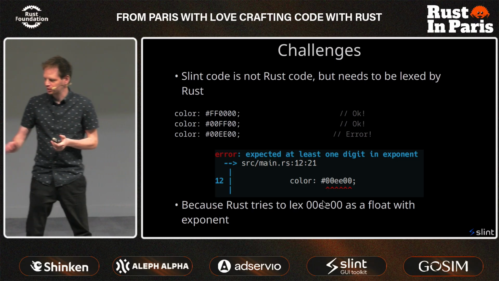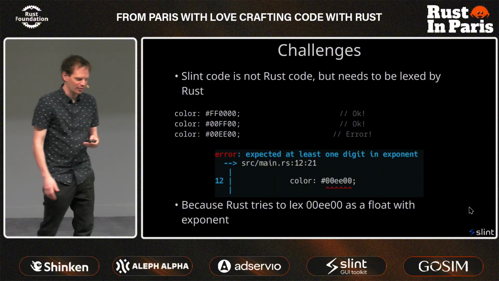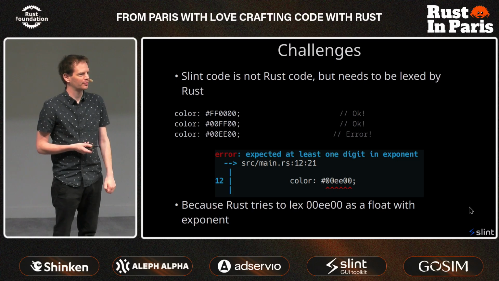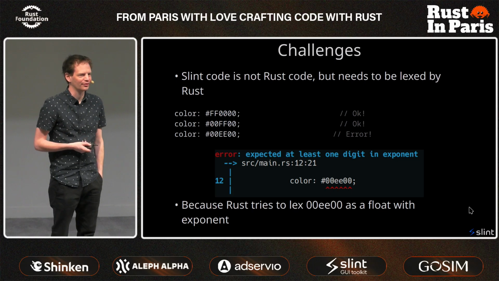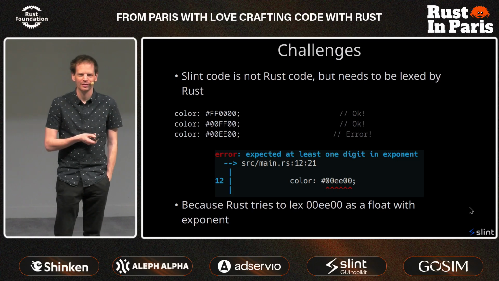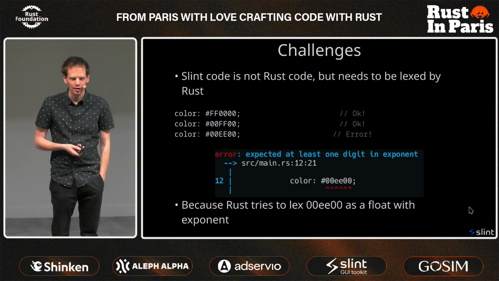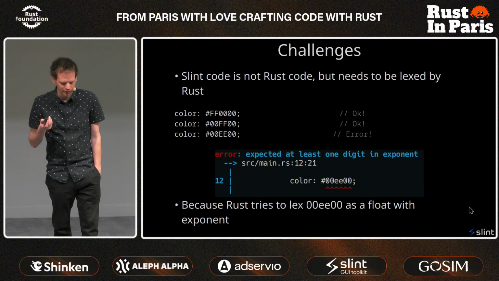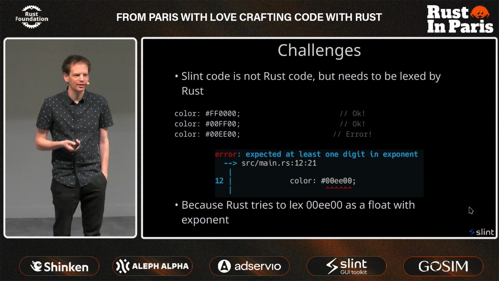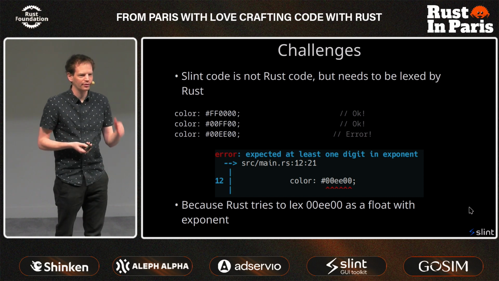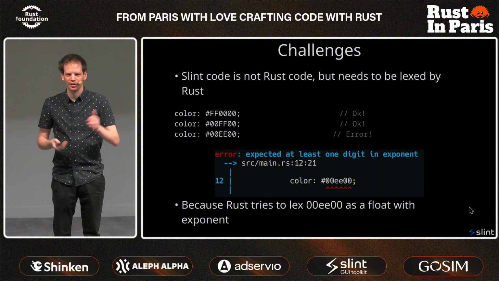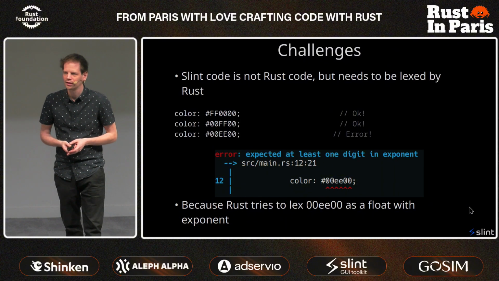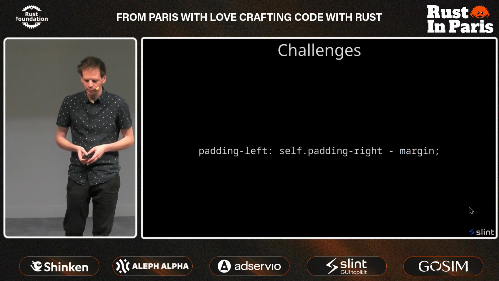This particular error is something we reported a long time ago, and the Rust contributors are actually going to fix this to make it valid for macros to use this kind of thing. But it's still something that one needs to know: the code cannot be anything. It still needs to lex correctly as Rust code. So when you have a string, you cannot invent escape sequences and stuff like that, because it needs to be valid Rust code.